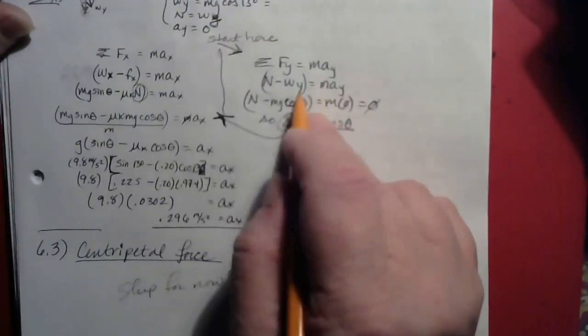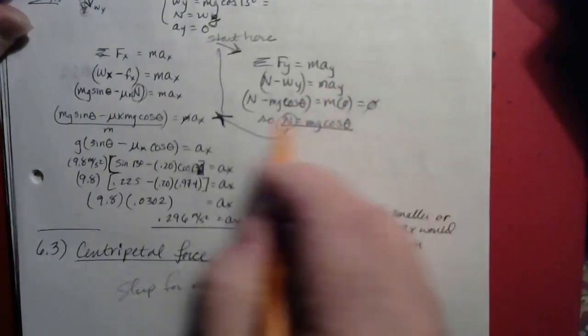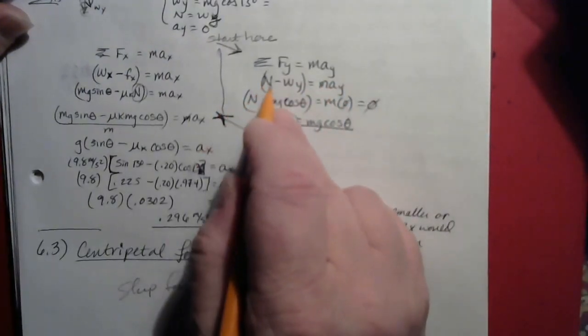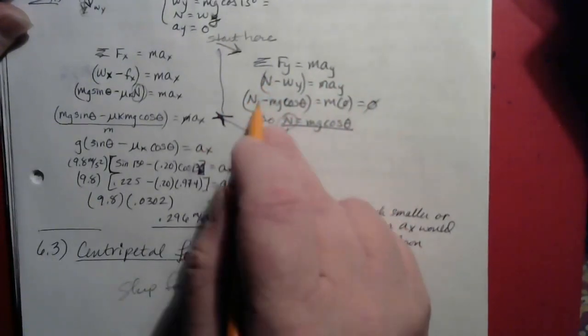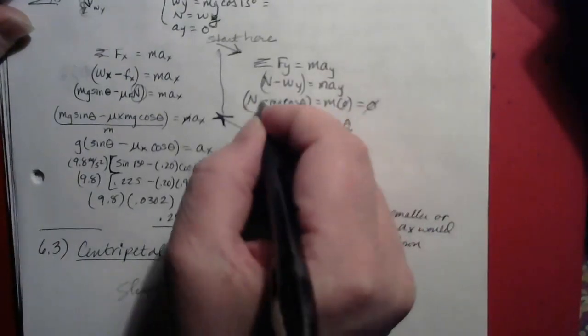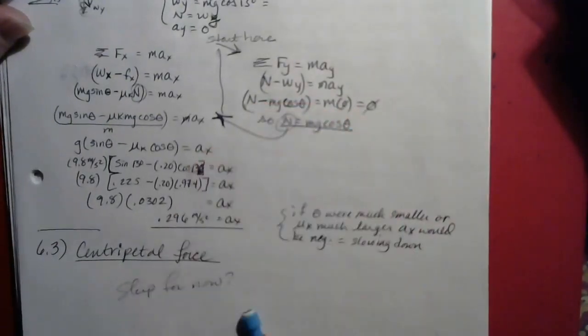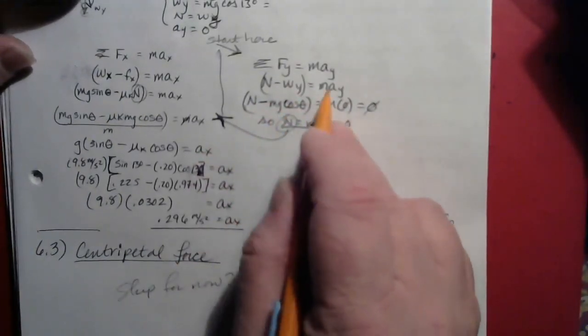And that should be equal to mass times acceleration in the y direction. The normal force, again, we don't know what it is, so we're just going to call it n, minus mg cosine theta. That's what the y component of the weight is, mg cosine theta.